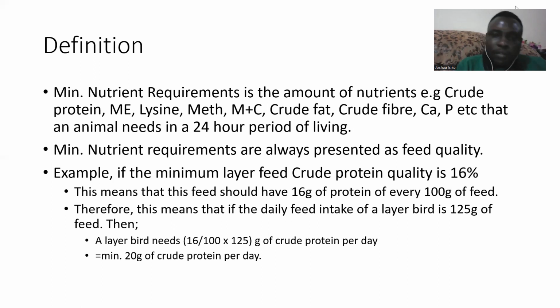If you look at 24 hours, how much does that animal need? That's what we call nutrient requirement. And the minimum means you should meet the minimum. That requirement includes production, maintenance, and other things that are needed to maintain that animal or the body for 24 hours.